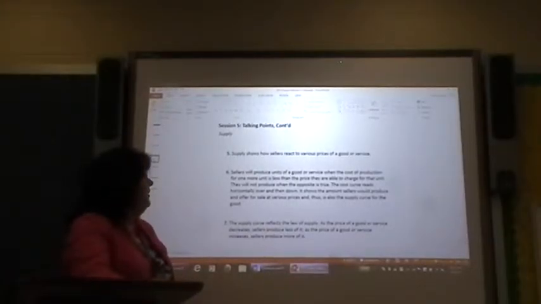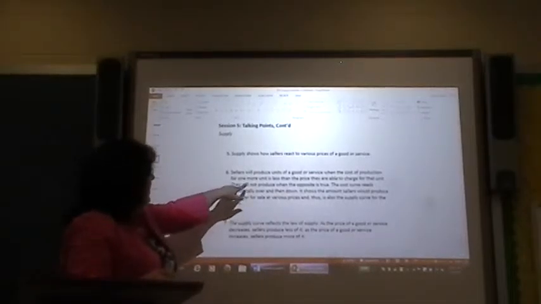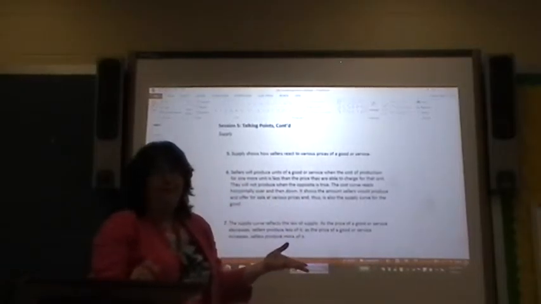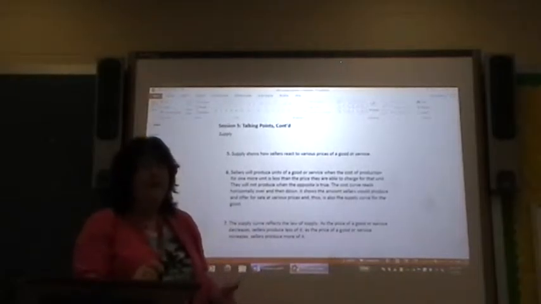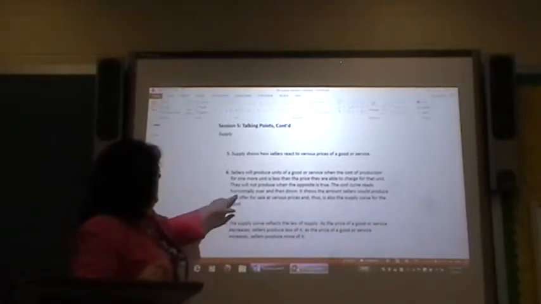Sellers will produce units of a good or service when the cost of production for one more unit is less than the price they're able to charge for that unit. So remember, price minus cost gives profit. So as long as they can continue to make a profit, it is in the interest of the manufacturer to produce more.